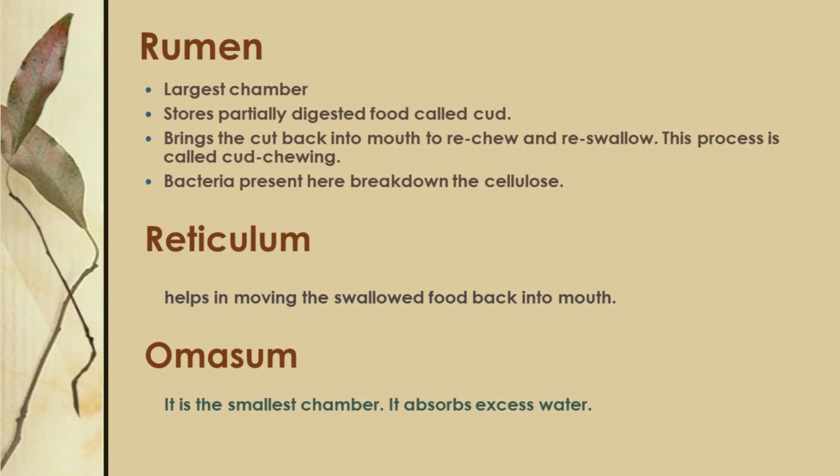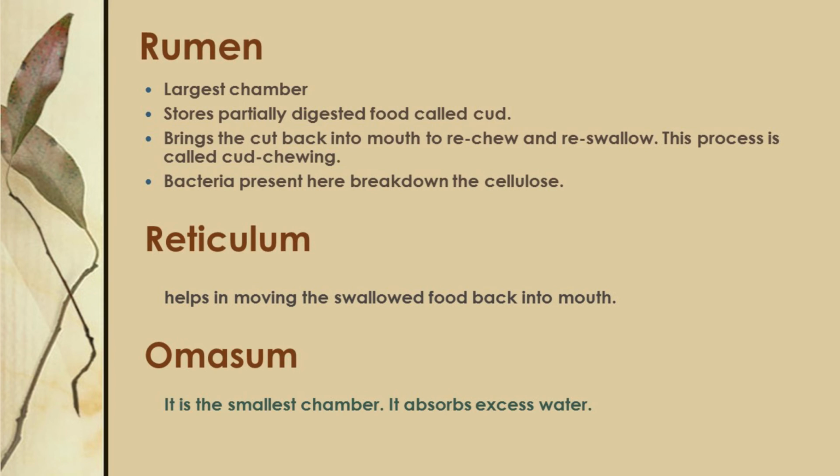This process of bringing the food back into the mouth is known as cud chewing. Inside the rumen, there are millions of bacteria and protozoa which help in the breakdown of the fiber called cellulose present in the grass.